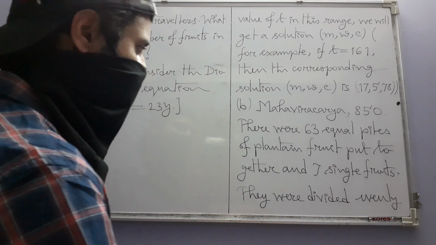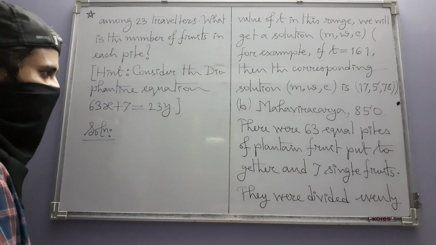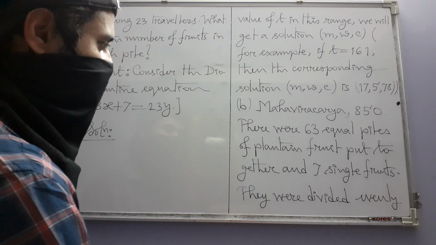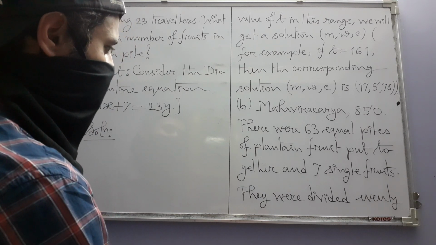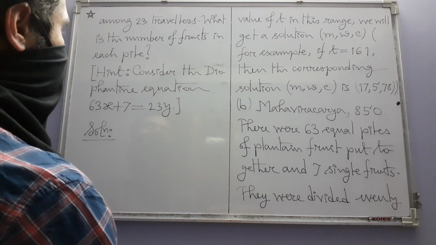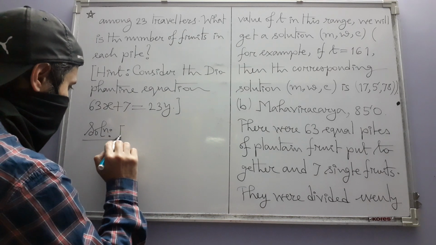Have I phrased it correctly here? Let me just once again read the question. There were 63 equal piles of plantain fruit put together and 7 single fruits. Okay, they were divided evenly among 20.